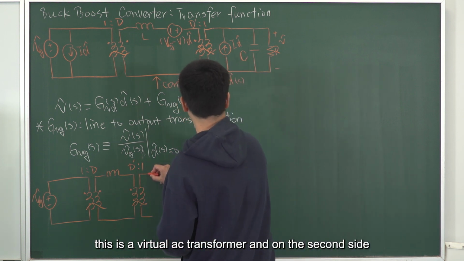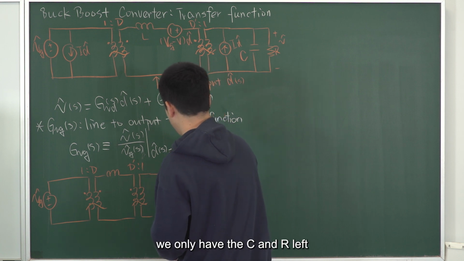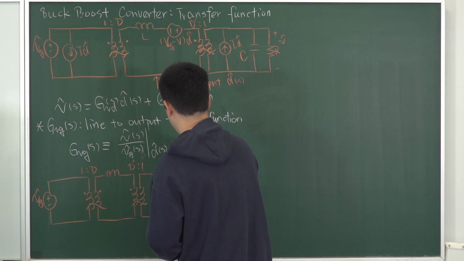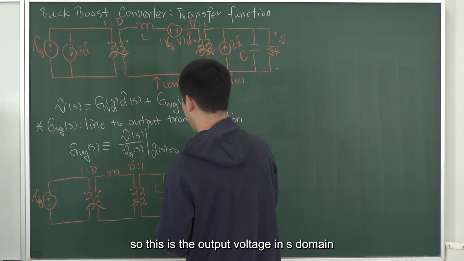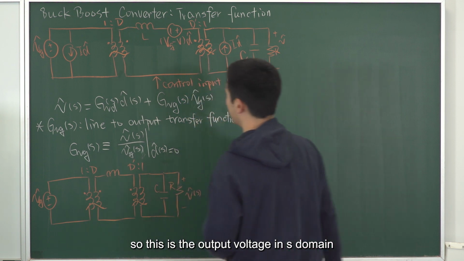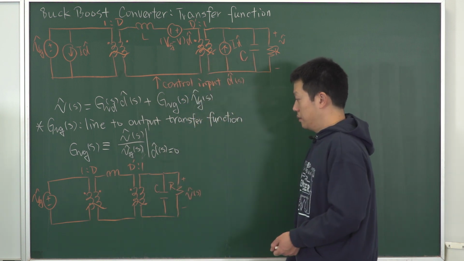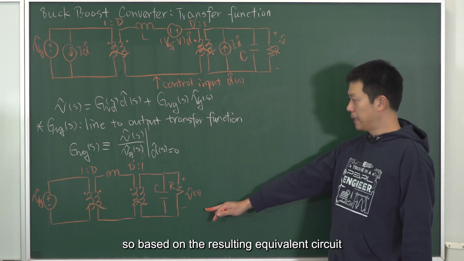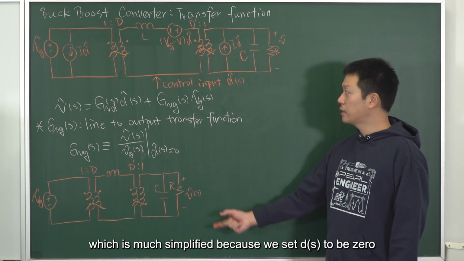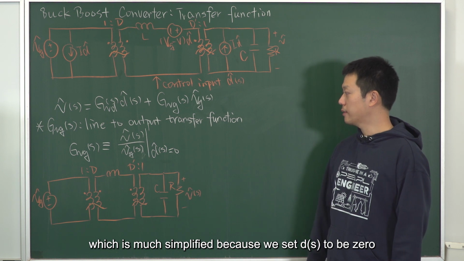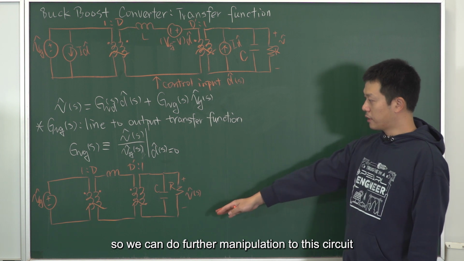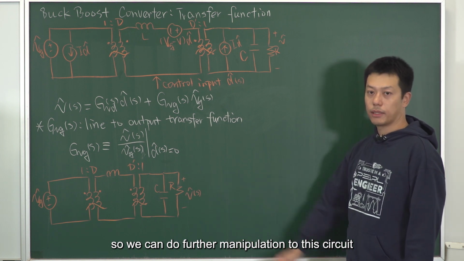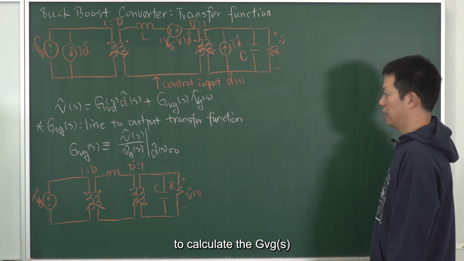On the secondary side of the second transformer, we only have C and R left. This is the output voltage in the S domain. The resulting equivalent circuit is much simplified because we set d-hat to 0, so we can do further manipulation to this circuit to calculate G_vg(s).